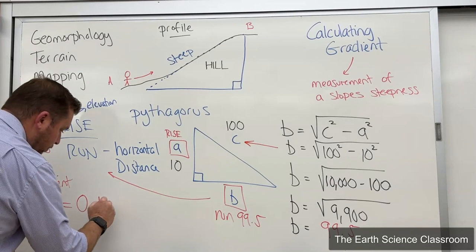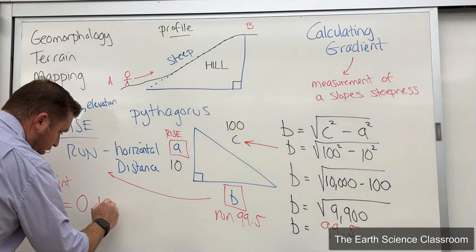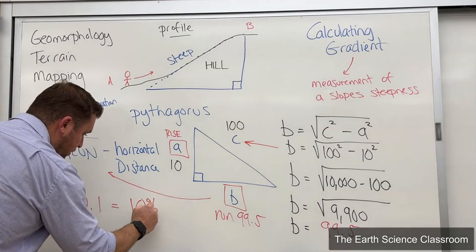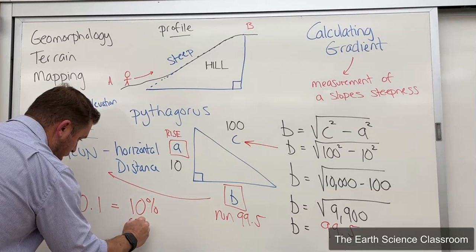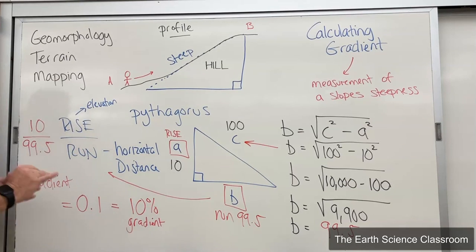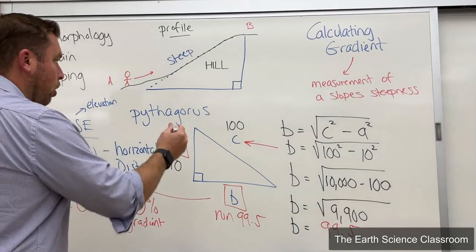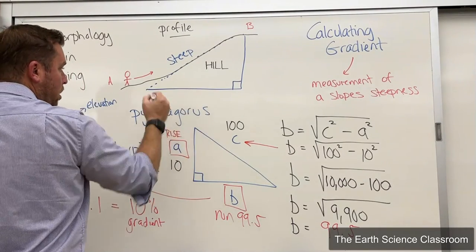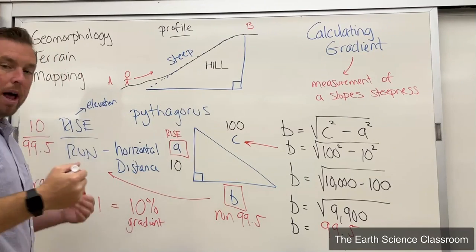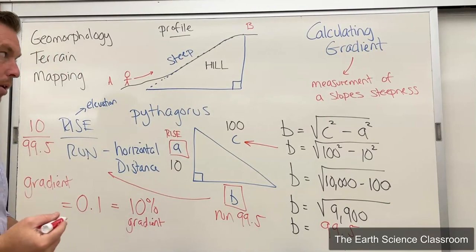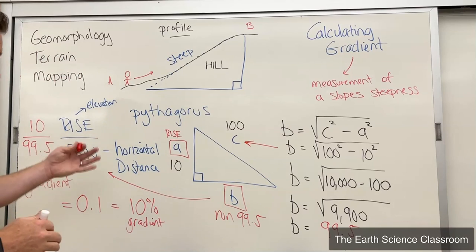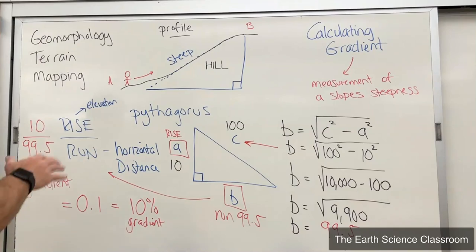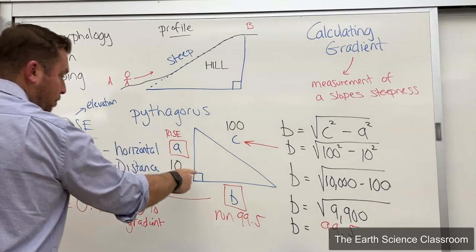So this equals a 10% gradient, meaning that as you go horizontally a distance of 1, you would increase your elevation by 0.1. So in this case, it is not a very steep slope, it's a very gentle slope. It slowly rises in this example.